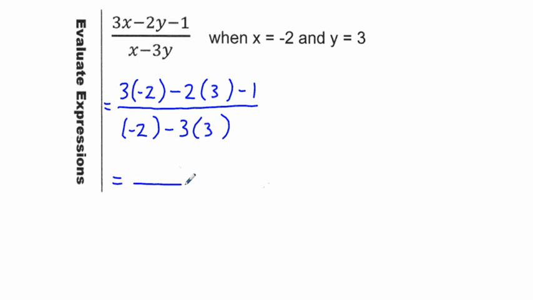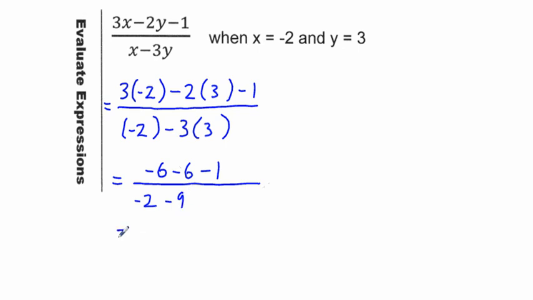And so just simplifying, on the top we have 3 times -2, that's going to be -6. And then minus 3 times 2, so -6, and -1. And then in the denominator we have -2 minus 3 times 3 is 9.